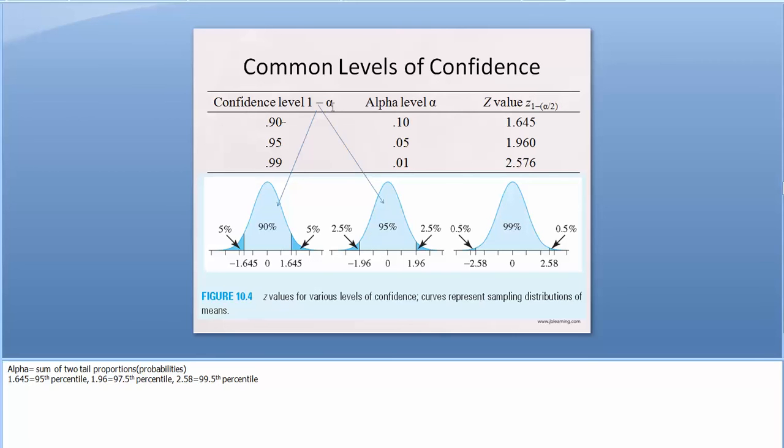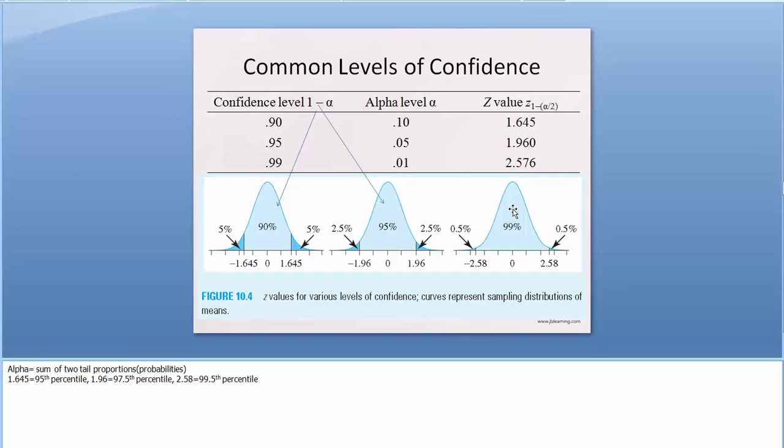So for these values of 1 minus alpha, the alpha level will work out to be 0.10, and so on, because 1 minus alpha is the middle proportion. That's why I put these arrows here. In fact, there can be another arrow going this way. I did not want to crowd the slide too much. So 1 minus alpha would be this light blue shaded middle proportion.